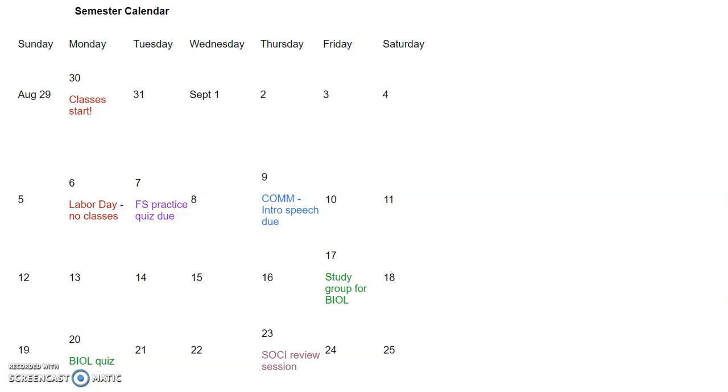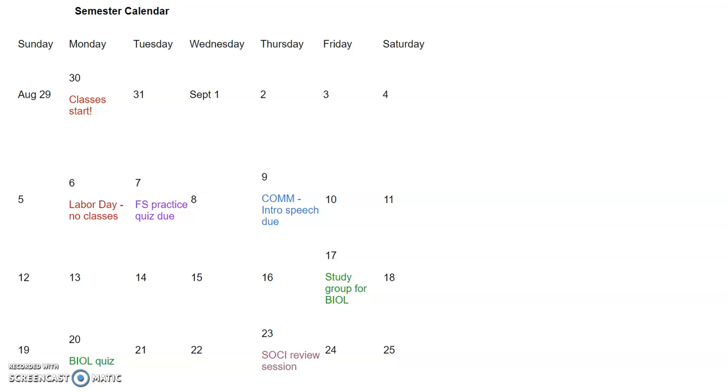So you could get one of those dry erase calendars that show 3 months at a time, or you could simply create this tool for yourself using monthly calendars that you tape together, or even pieces of paper that you put together so you can see all weeks of the semester in one view.